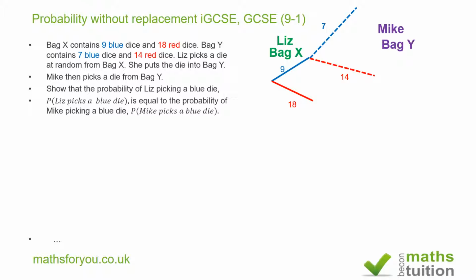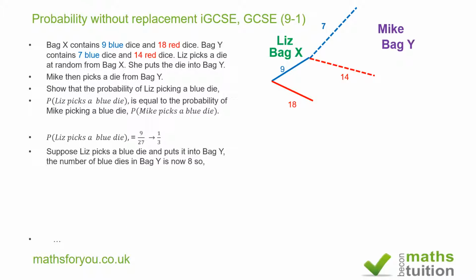Okay, now suppose Liz picks a blue die. The probability of that happening will be 1/3. Now, if she then puts this blue die into bag Y, the number of blue dice in, excuse my spelling there, the number of blue dice in bag Y will then be 8.